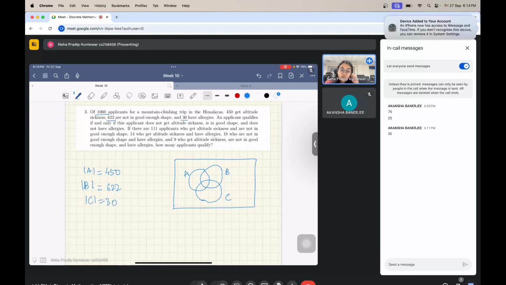Now we want to send only those applicants who are good, in the sense that they do not have altitude sickness, they are in good shape, and they do not have any allergies. So we are interested in the set that is outside all three circles. Now you have some additional data.